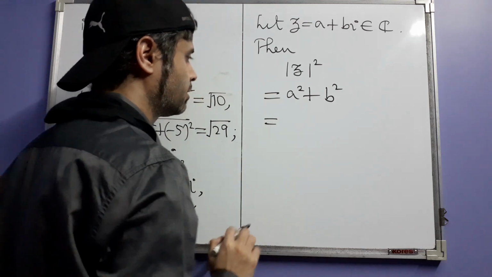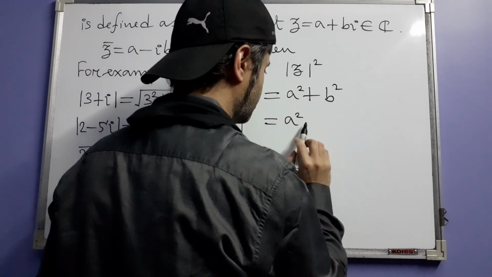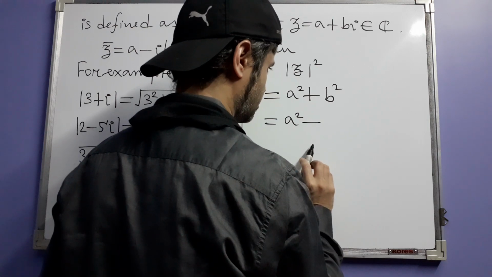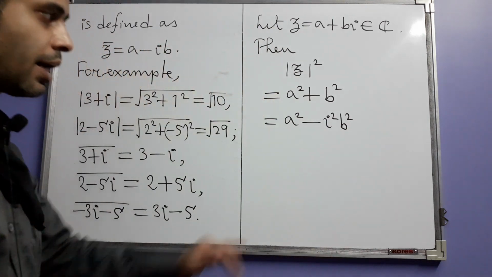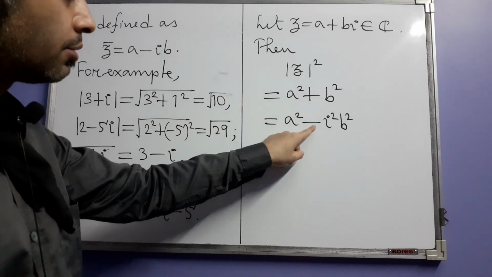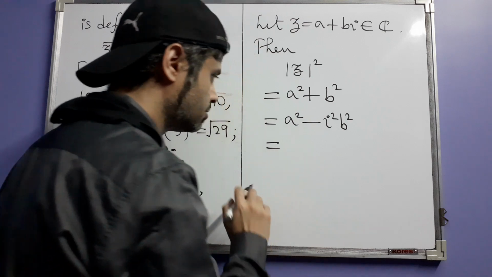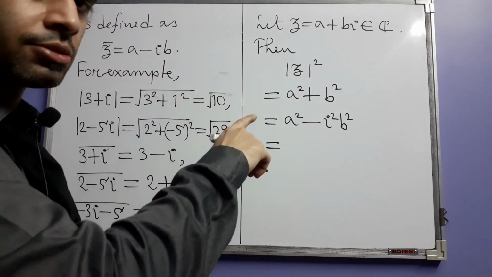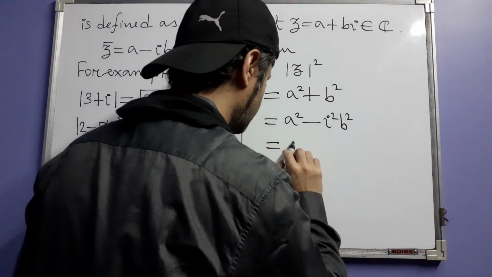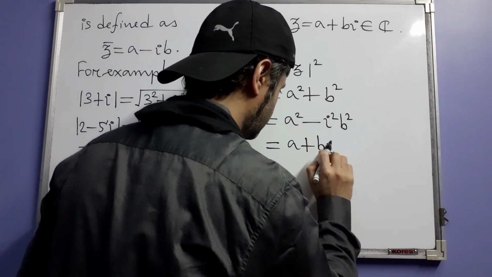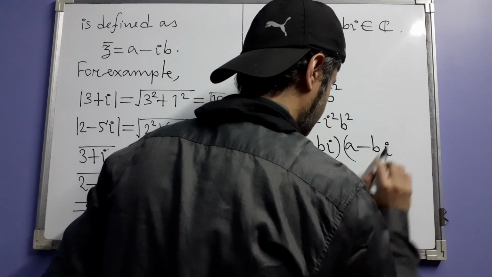Now if you look carefully, this is a square minus i square b square. Because i square is minus 1, so that will give us plus. However, using that formula, z1 square minus z2 square equal to z1 plus z2 times z1 minus z2, you get a plus bi times a minus bi.